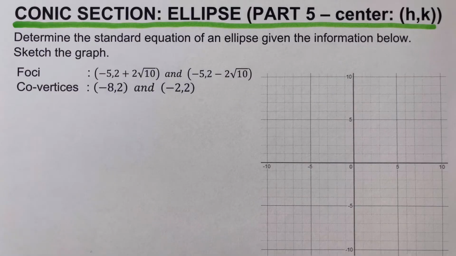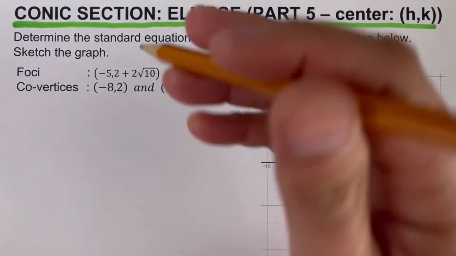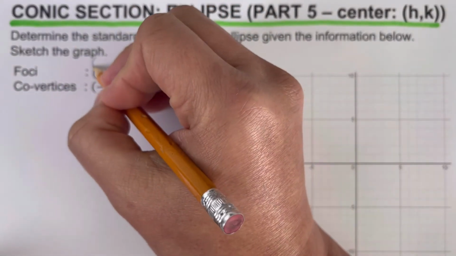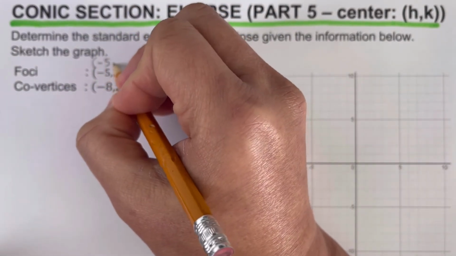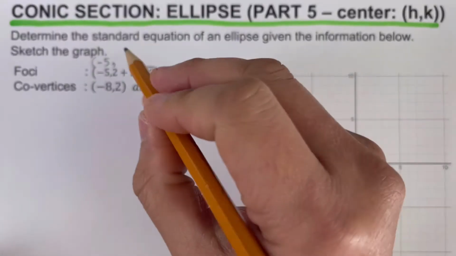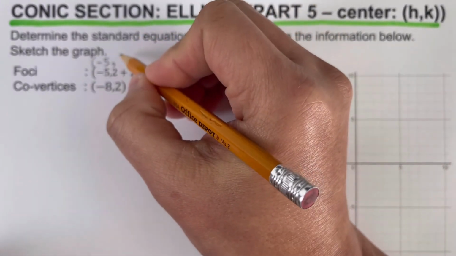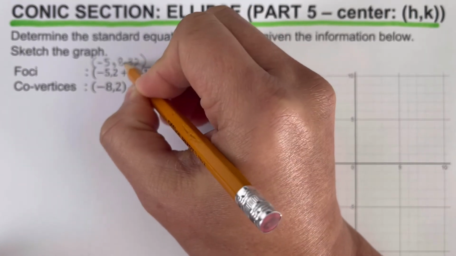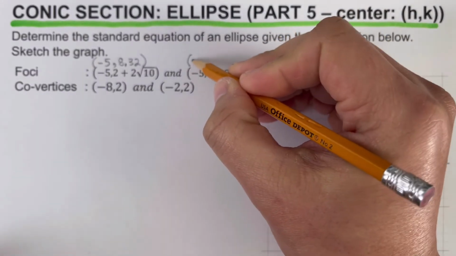Okay, going back to the problem right here, we are given the coordinates of the two foci, that is (-5, 2 plus square root of 10). So I'm going to change this into its decimal version. That would be (-5, 5.16), and this 2 plus square root of 10, if you use the calculator for that, is 5.16. And we also have here, this is -5.